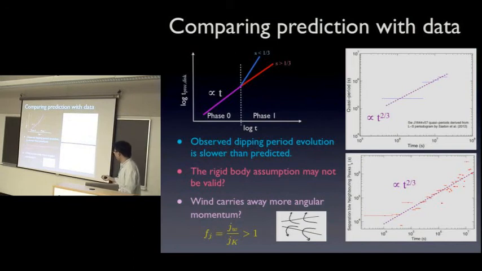If that's the case, then the evolution of the outer disk radius can be affected by this effect. So maybe the outer disk radius evolution can be slowed down a little bit, so that the disk precession period can increase with time in a slightly shallower slope. So we are still working on this possibility.